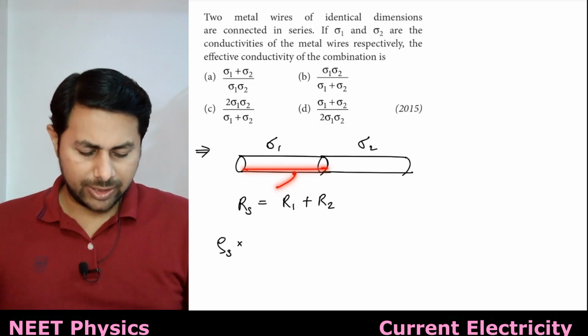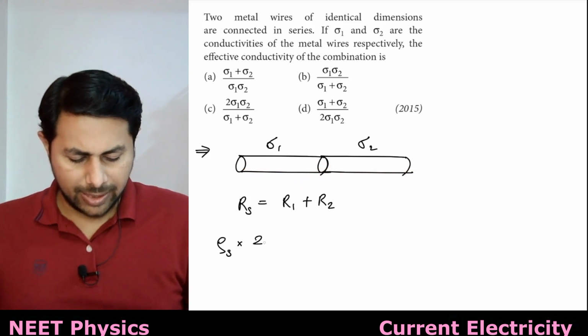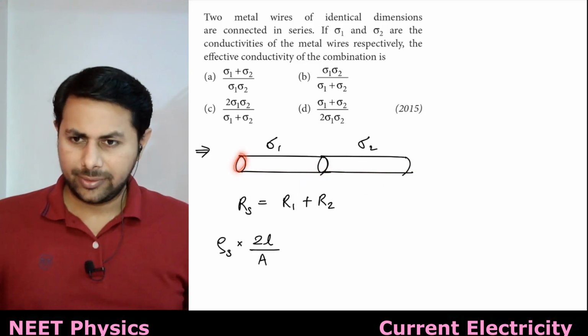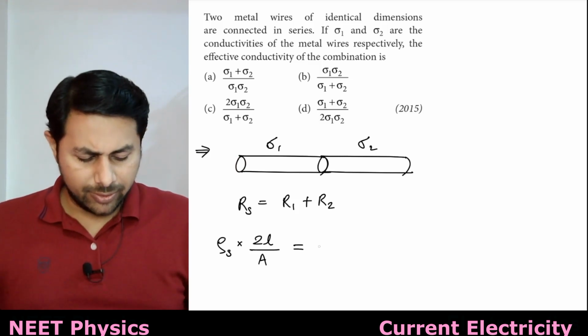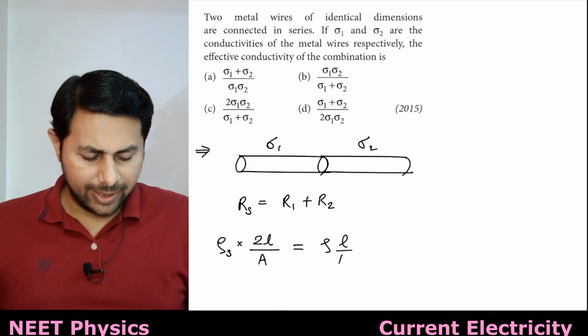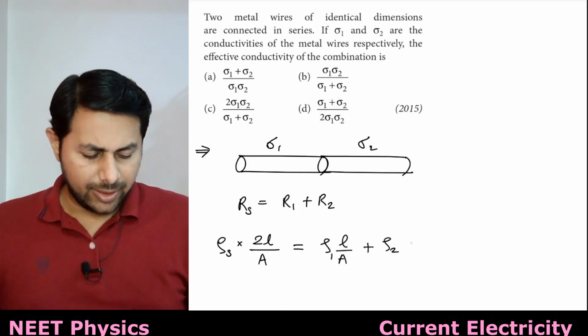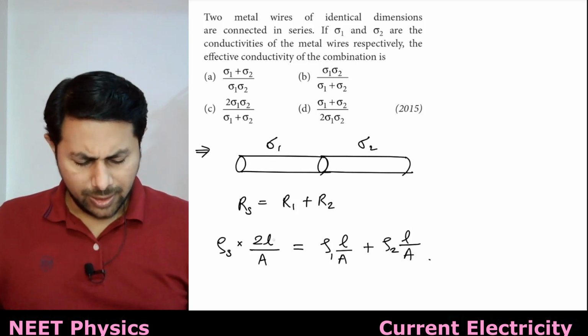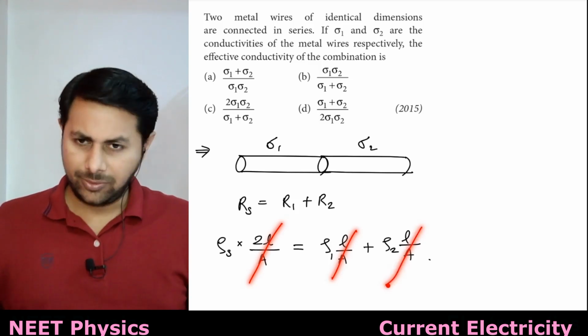The length of the first one is L, the length of the second one is L. So total length is 2L, but the area of cross section is A. That's equal to rho 1 times L by A plus rho 2 times L by A. So L by A gets cancelled out.